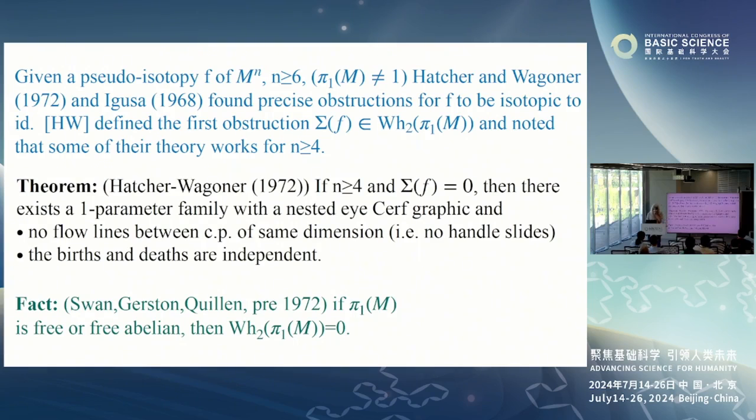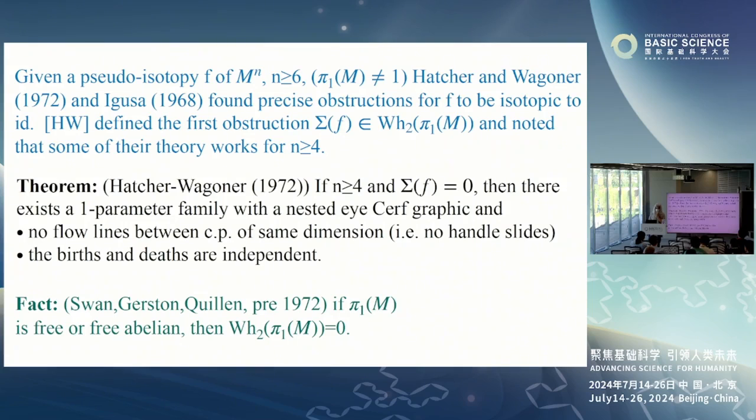In particular, they prove that if the manifold is at least dimension 4, and this first Hatcher-Wagoner obstruction is equal to 0, then there is a one-parameter family with a nested Cerf graphic, which has some other nice features.